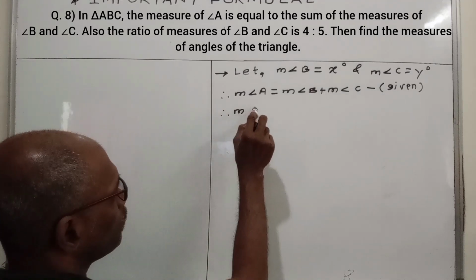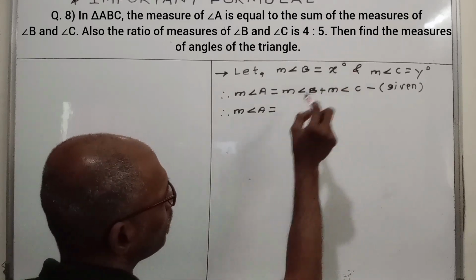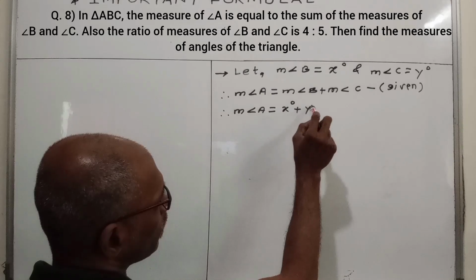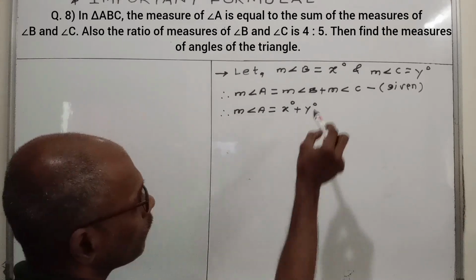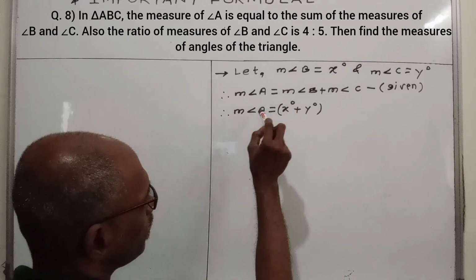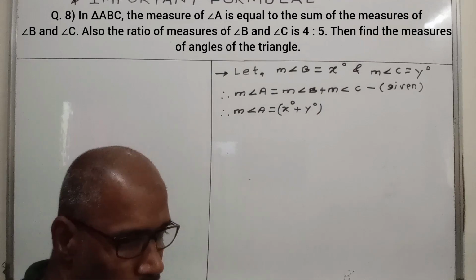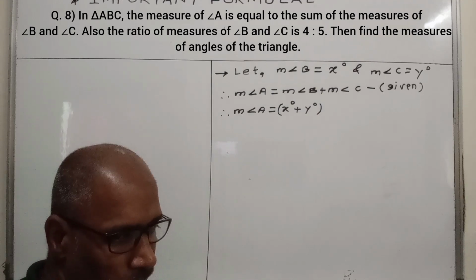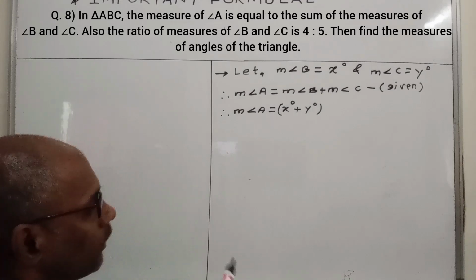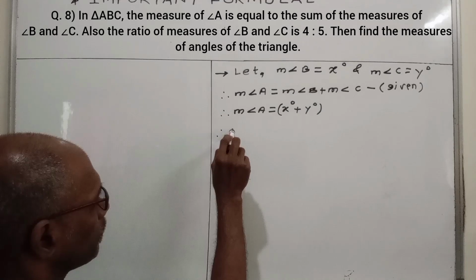Therefore, measure angle A is equal to measure angle B, x degree, plus measure angle C, y degree. Therefore, measure angle A is equal to x plus y degree. Also, we write that way, x degree plus y degree. Did you get it?